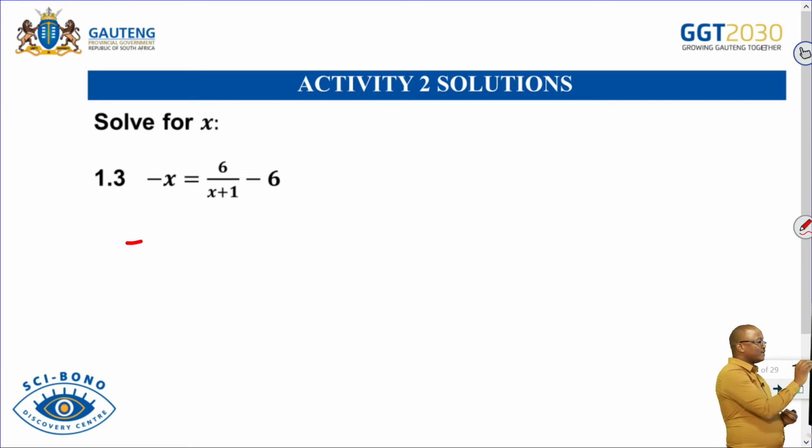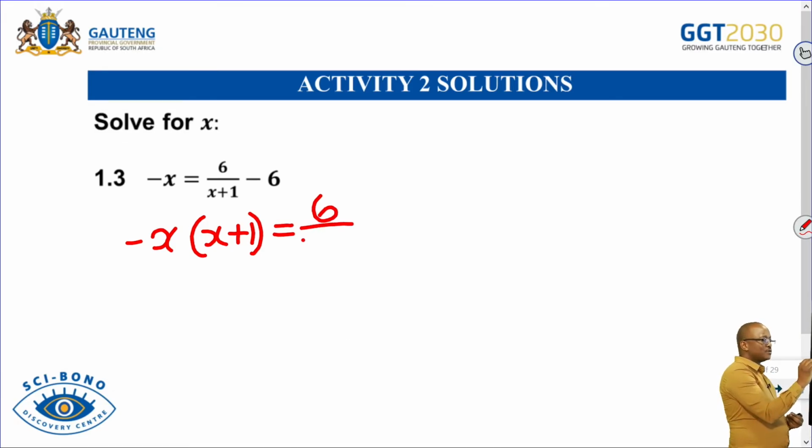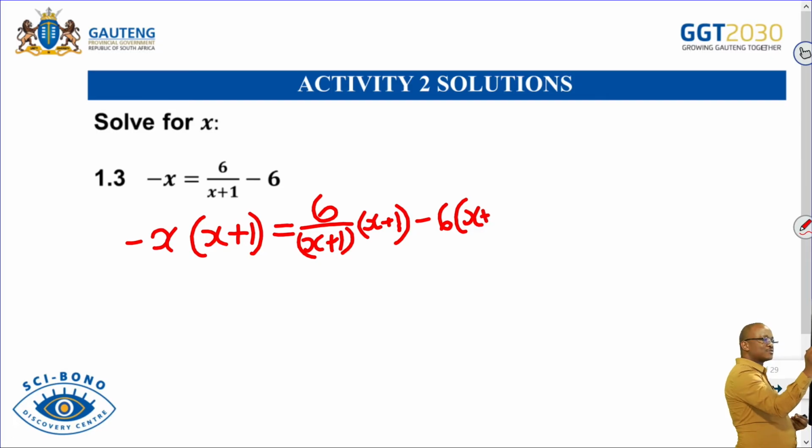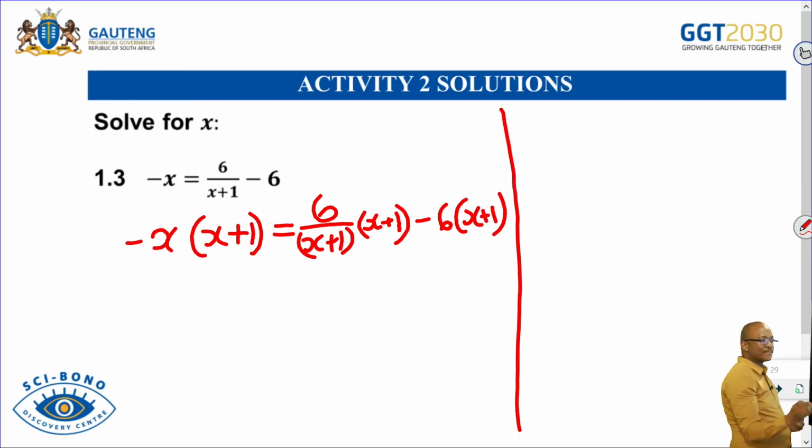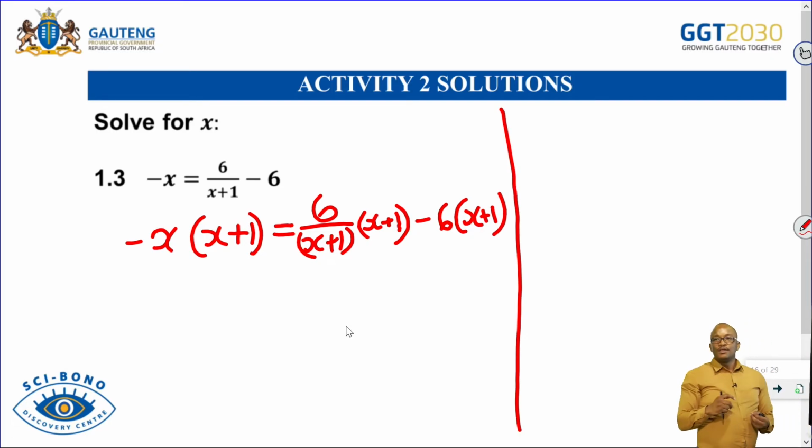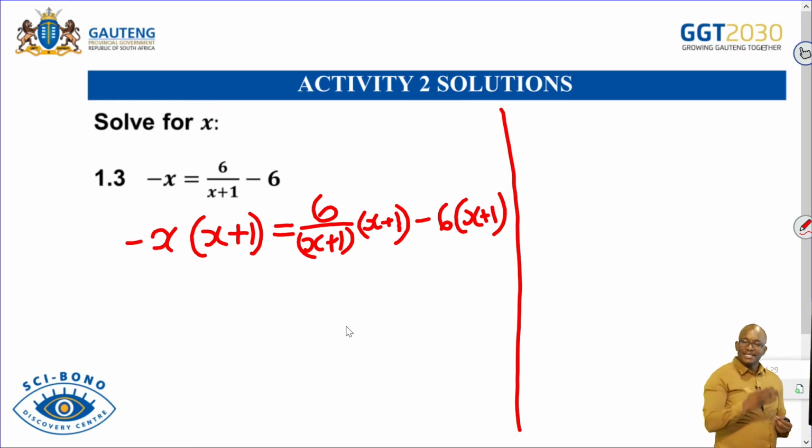Then we're going to have negative x multiplied by x plus 1, equal to 6 into x plus 1, then you still multiply negative 6 by x plus 1. So that is as simple as ABC. That is how you are going to get rid of the denominator.